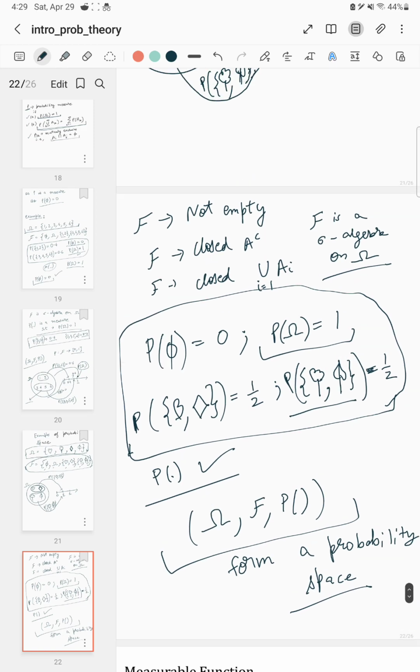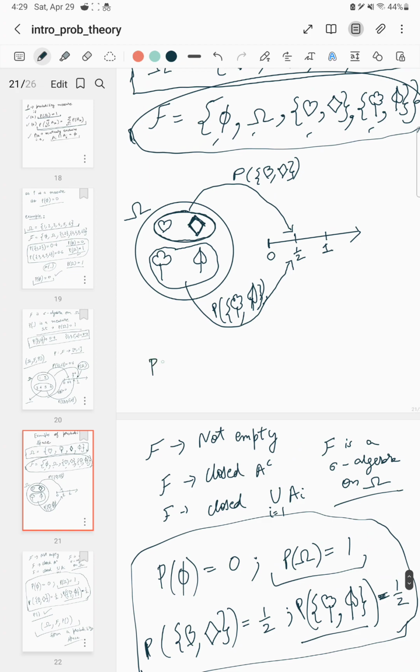This also follows that the probability of a union of disjoint sets is the summation of the probabilities of those disjoint sets. These events are mutually exclusive. Either you can get a red card like this, or you can get a black card like this. So these two events are mutually exclusive.